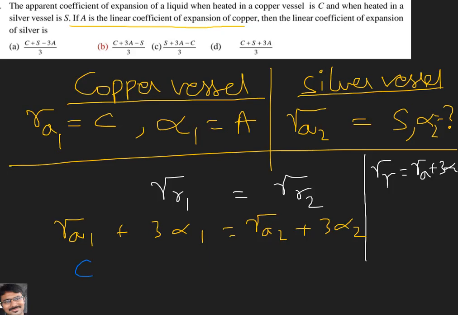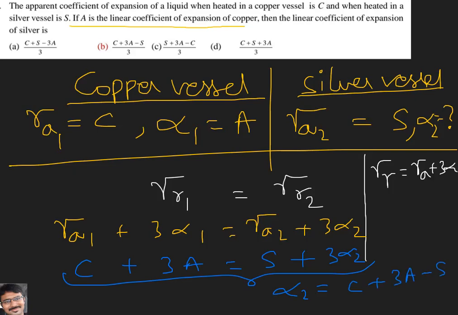Already given, it is C, plus alpha 1 they have given as A, and gamma A2 they have given as S, and they are asking us to find alpha 2. Now, from this line, easily you can write alpha 2 value. What is alpha 2 value? C plus 3A minus S by 3. So you can understand very easily that the answer is the second option.